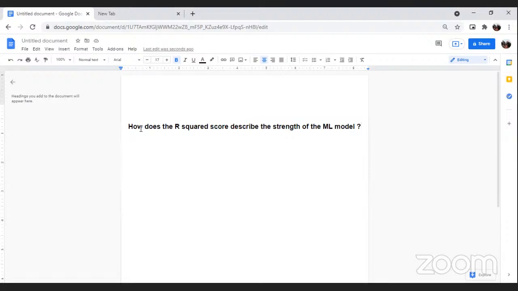All right, the next question is, how does the R square score describe the strength of a machine learning model?